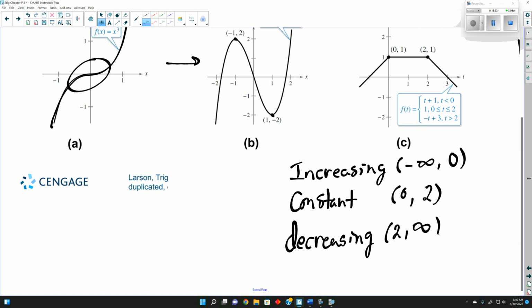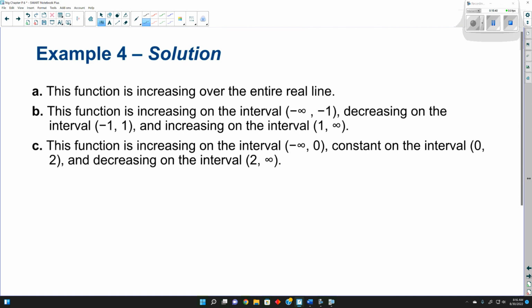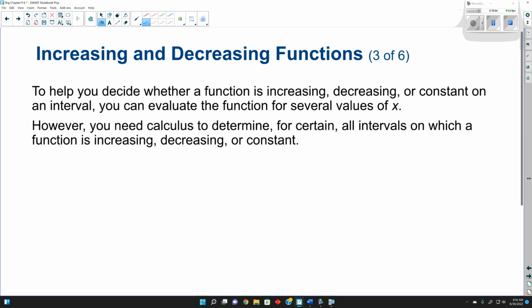And that's it. Not too bad. And really that's increasing and decreasing.